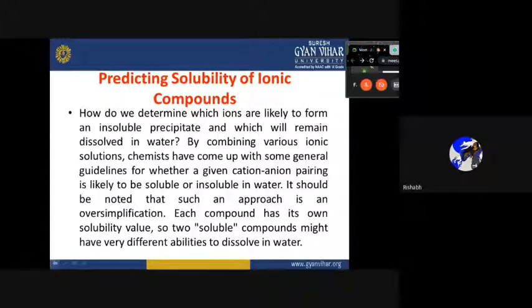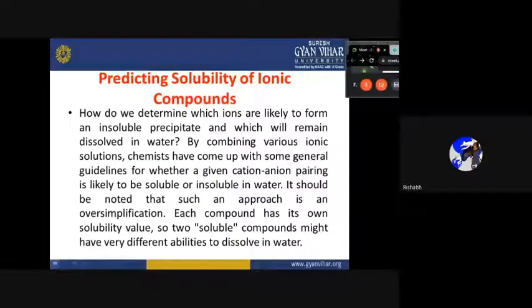It should be noted that such an approach is an oversimplification, as I have already said, that we can predict solubility in a very simplified way. Each compound has its own solubility value. So two soluble compounds might have very different abilities to dissolve in water.